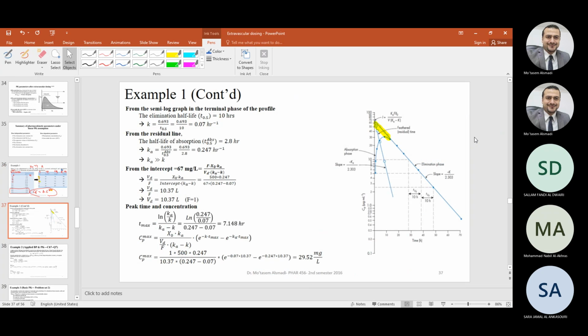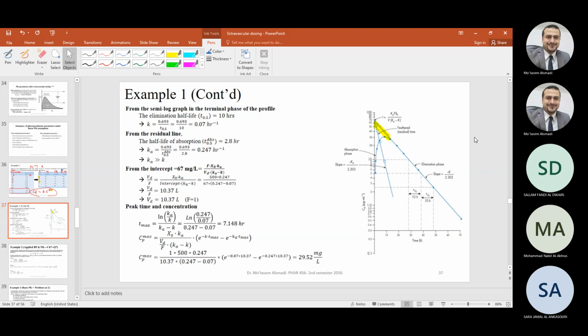You remember how to get the half-life, right? The half-life definition is what? It's the time needed for the concentration to go to half its value, right? For example, if I look at the elimination phase here, I will look at the time needed for the drug concentration to drop from 10 to 5.